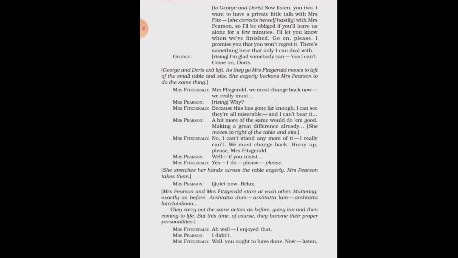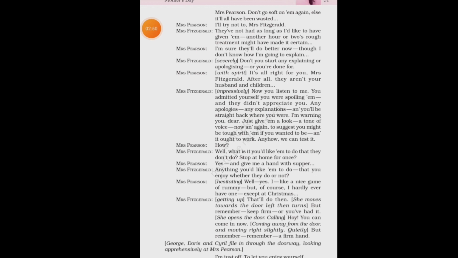Mrs. Fitzgerald: Ah, well, I enjoyed that. Mrs. Pearson: I didn't. Mrs. Fitzgerald: Well, you ought to have done. Now listen. Don't go soft on them again, else it'll all have been wasted. Mrs. Pearson: I'll try not to, Mrs. Fitzgerald. Mrs. Fitzgerald: They've not had so long as I'd like to have given them.